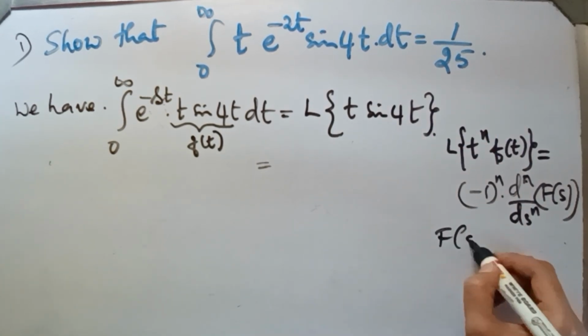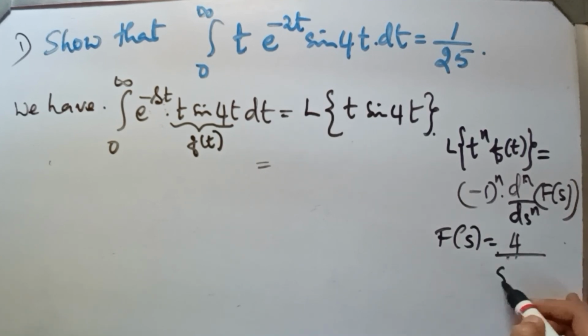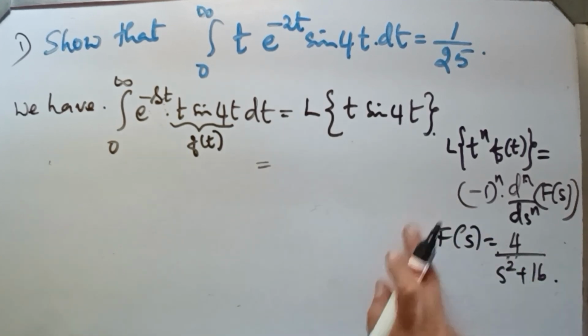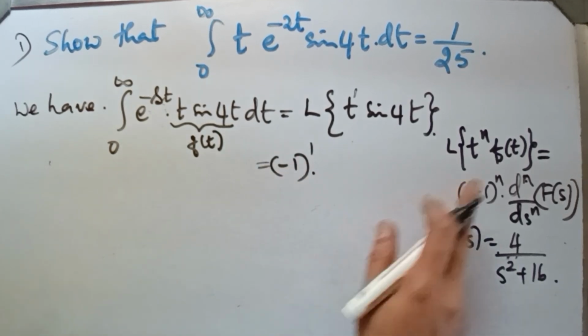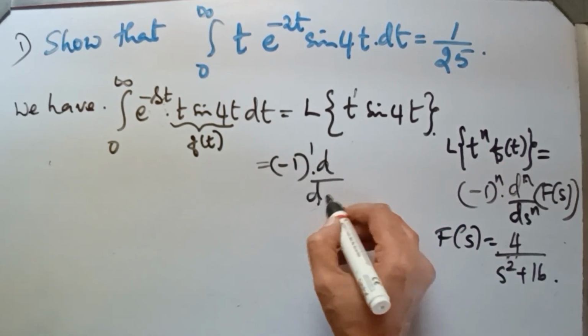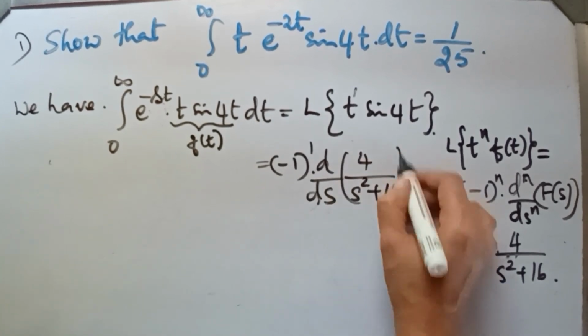F(s) is equal to 4 divided by s² + 4², which is 16. This is f(t), with t to the power 1. So (−1)¹ into the first derivative of 4 by (s² + 16).